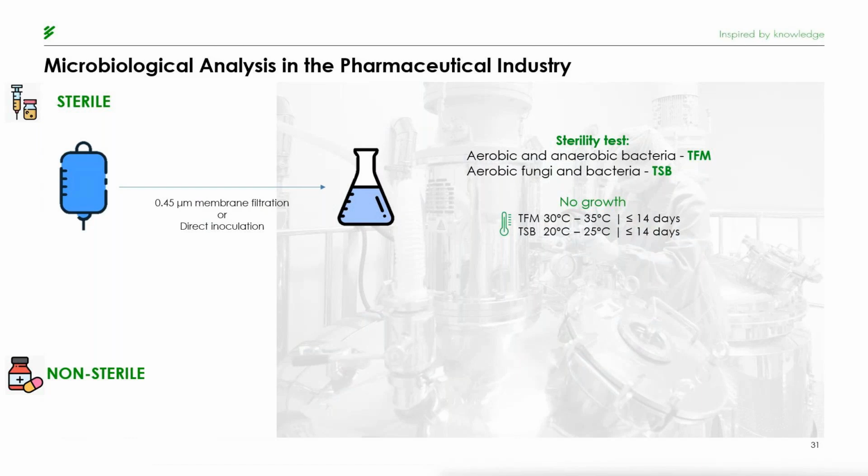If it's liquid, semi-solid, solid, aqueous, oily, it is important to take this into consideration. For the analysis of aerobic and anaerobic bacteria, we use TFM, thioglycolate fluid medium, and for fungi and aerobic bacteria, TSB broth. Incubation between 30 to 35 degrees Celsius for a period of no more than 14 days. No turbidity should be observed, that is, no growth, to comply with the sterility test.